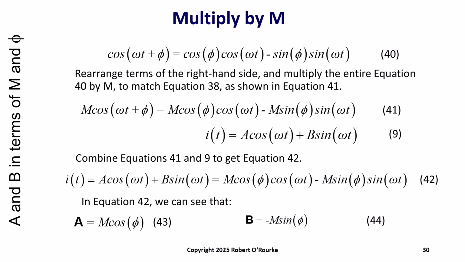We can see in equation 42, comparing terms on both sides of the equation, that A equals M times cosine phi, shown in equation 43. B equals minus M times sine phi, shown in equation 44.